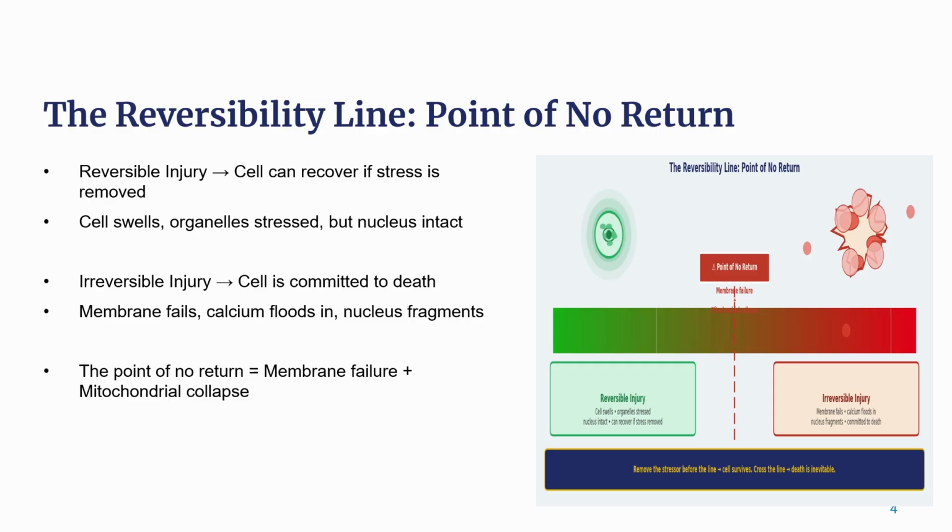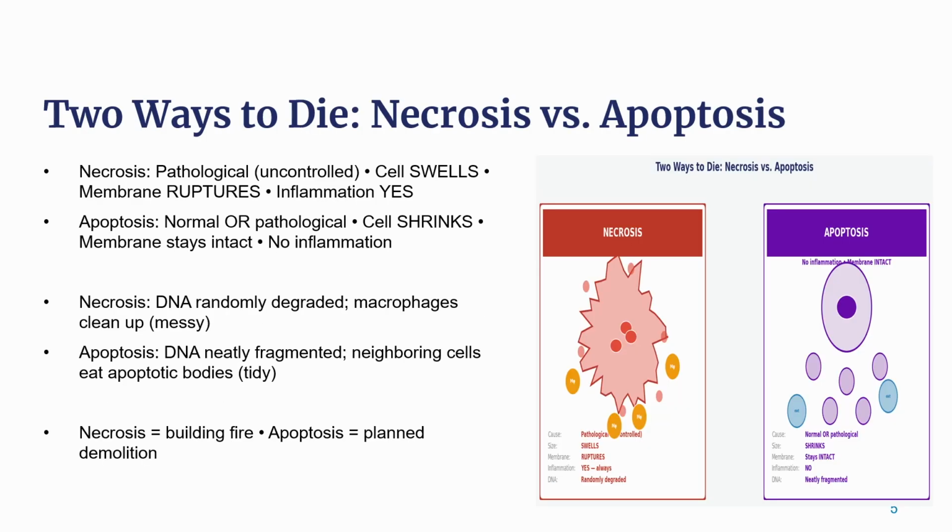The two big events that signal that crossover are membrane failure, when the cell membrane can no longer keep things in or out, and mitochondrial collapse. When the mitochondria fail permanently, the cell has lost its power plant. Game over.